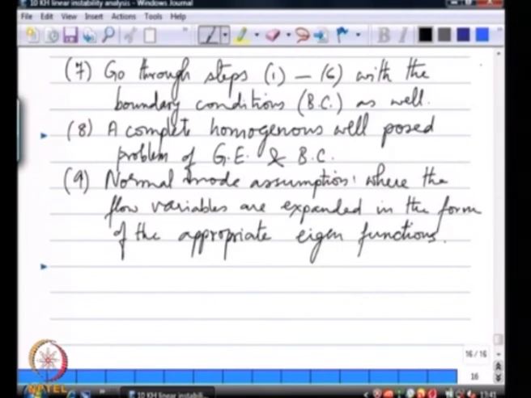Okay, the appropriate eigenfunctions. In this case, they were sines and cosines. So, e power i k x. That was the spatial form of the eigenfunction. Okay. And then exponential in time.